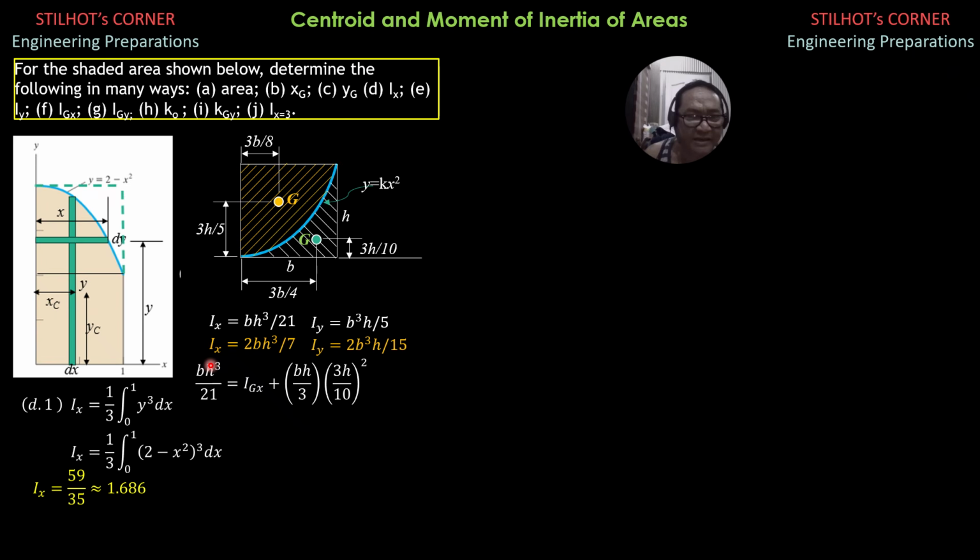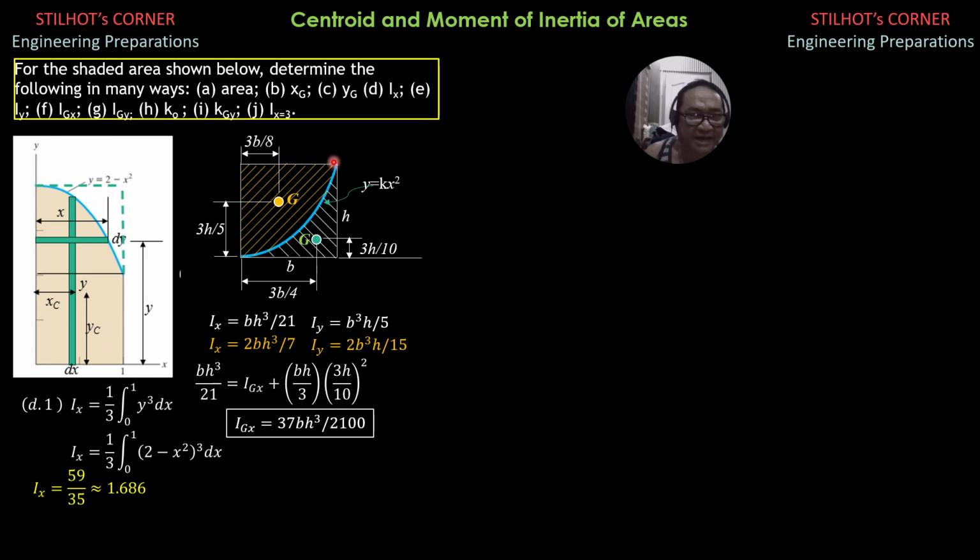Remember, I with respect to any axis equals the centroidal moment of inertia plus area times the distance between the parallel axes squared. Simplifying, Igx would be equal to 37 over 2,100 b h cubed.